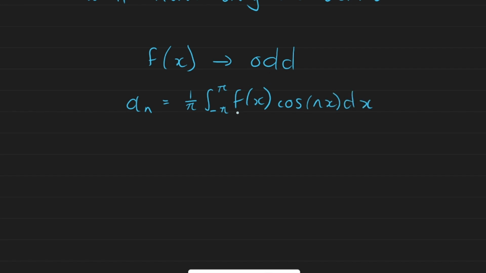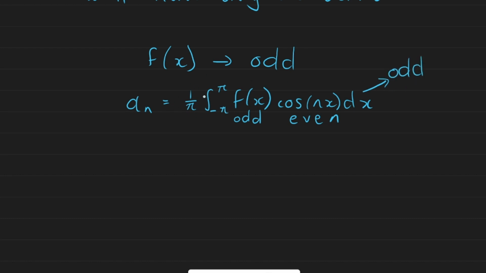So here we are saying that f of x is odd, and cos nx we know is an even function. So the product of this odd and even function means that it is going to be an odd function. This entire thing is an odd function.